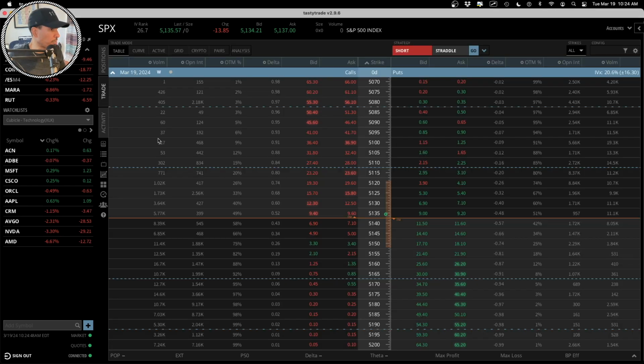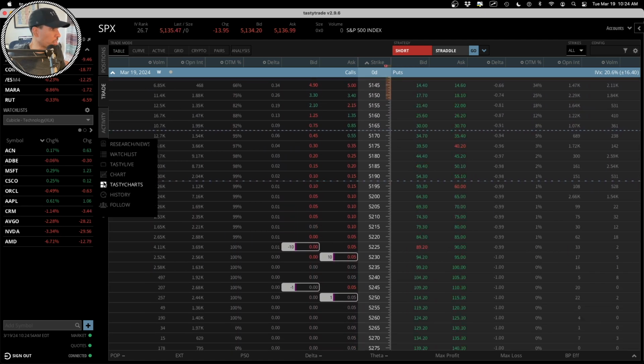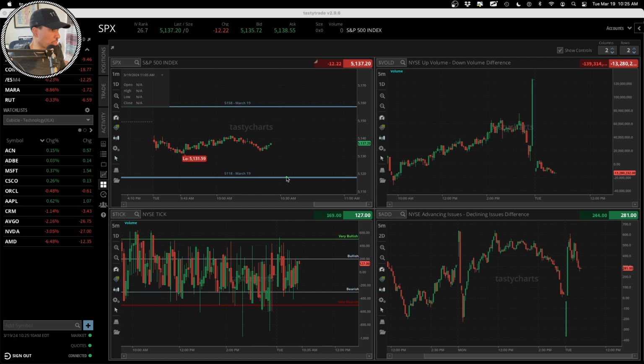As I mentioned before, I'm just going to allow my positions to expire worthless, and I'm probably going to put on another position on the put side if the SPX should drop 20 points below the opening price, right? So I'm always looking to put on a trade after the SPX has made a 20-point move above or below the opening price. So I always mark those price points off every day on my chart.